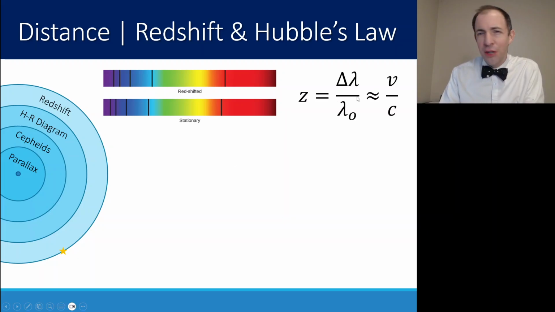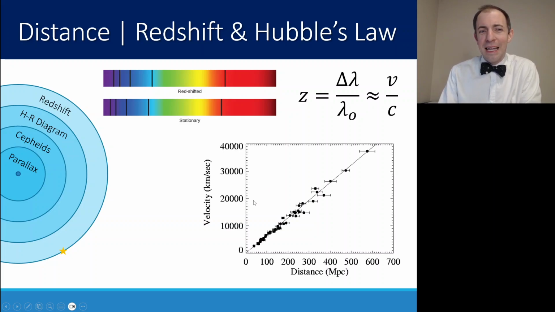The amount that that is shifted, or change in the wavelength, is ultimately able to give us a velocity, how fast that galaxy is moving. And if I know how fast the galaxy is moving, I can determine what its distance is in megaparsecs and then convert from megaparsecs into meters and figure out a distance there as well. This comes from Edwin Hubble in discovering that the farther away something is, the faster it is moving. So if I know how fast it's moving, I know how far away it is. I can use that to help me get a distance.